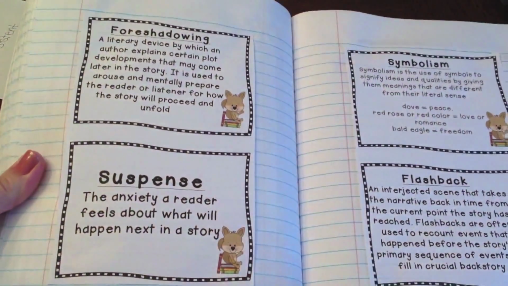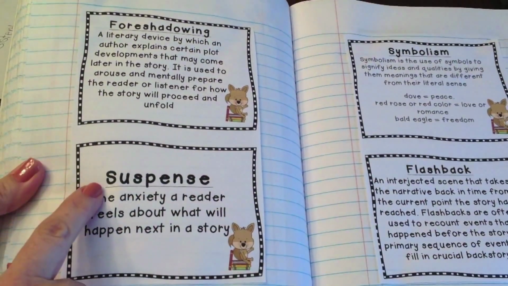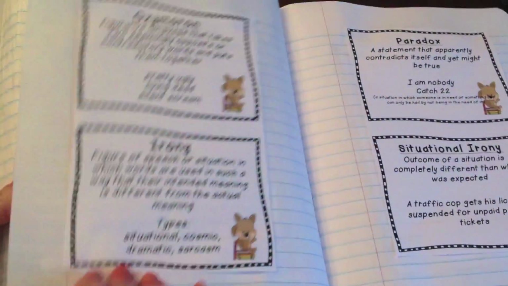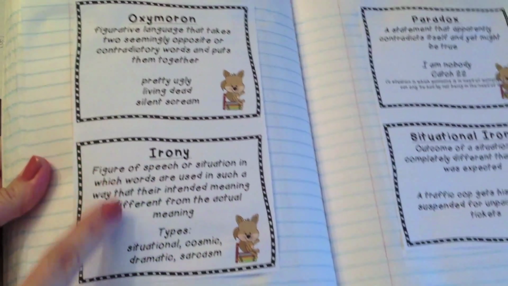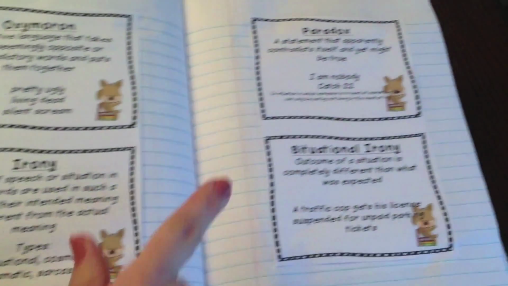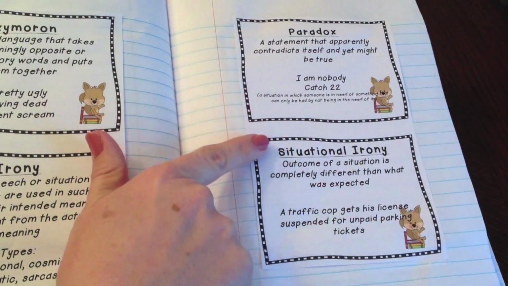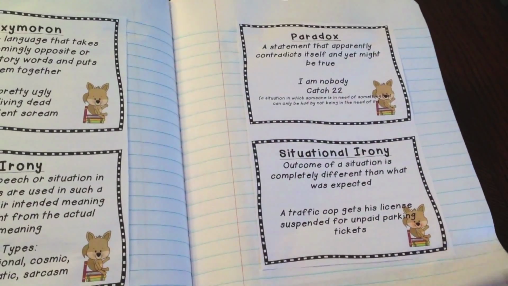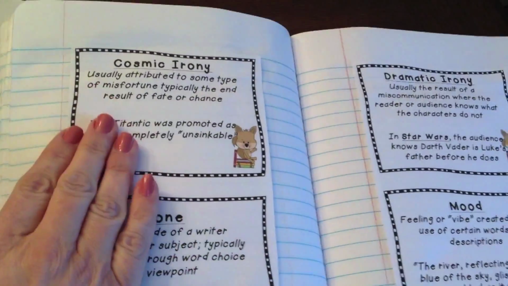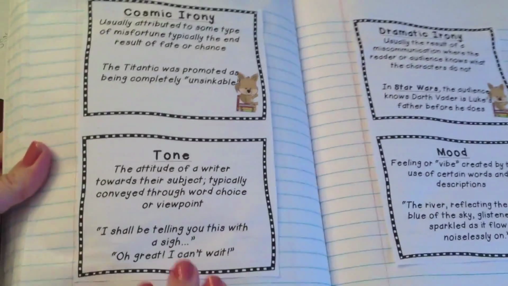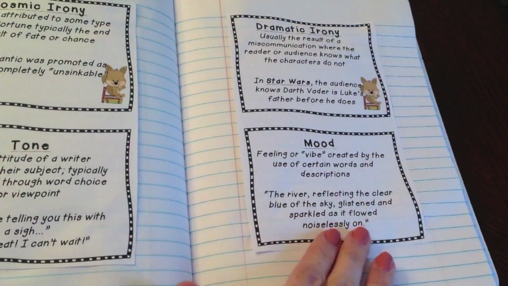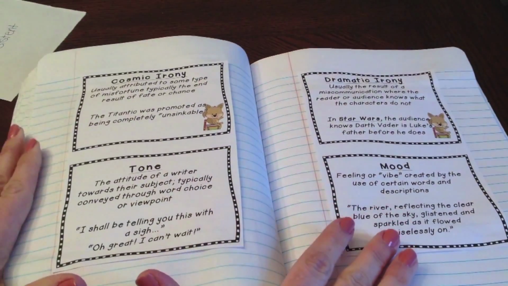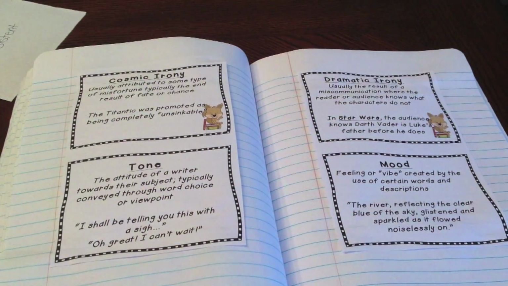I also have some definitions for foreshadowing, suspense, symbolism, a flashback, what an oxymoron is, irony, different types of irony with situational irony, a paradox, cosmic irony and dramatic irony, and then also tone and mood. This information is for you to include so that we can reference it as we examine different texts.